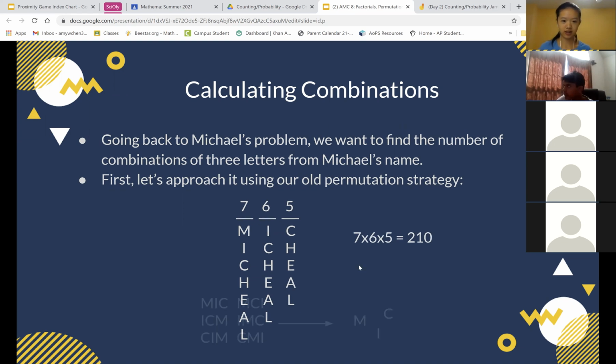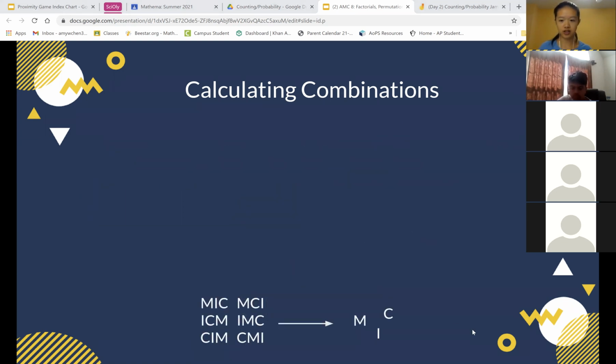This is not right, and the reason is because there are repeats, sort of similar to repeated letters. Basically, if we have 3 letters, we can look at this as an example.